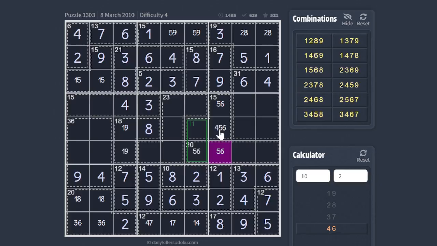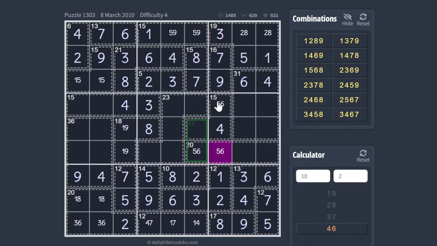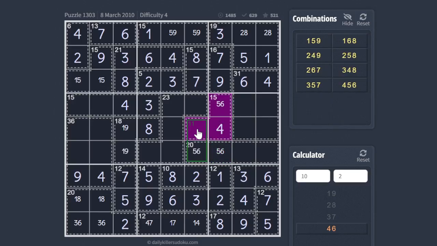So that makes this the 4. Got a 5, 6 pair here. And so this 15 cage needs to have a 4, and it must have a 5 or a 6.